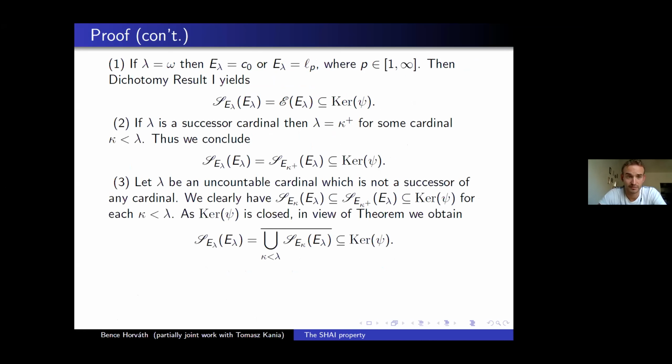So we have the very last case when lambda is some uncountable cardinal and it's not the successor of any cardinal. Well, of course, as I told you, then the E kappa singular operators will be contained in this one, which we know from the general machinery is contained in the kernel.